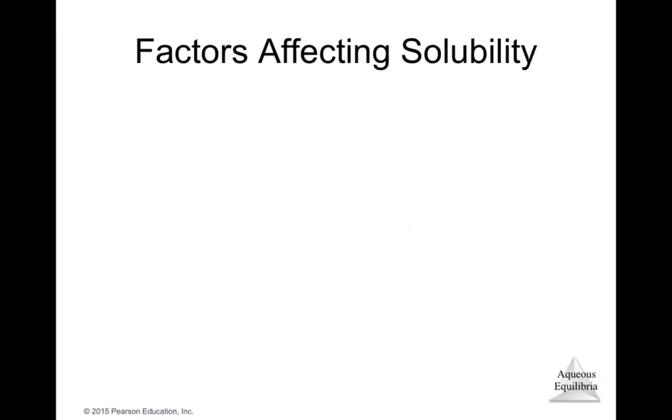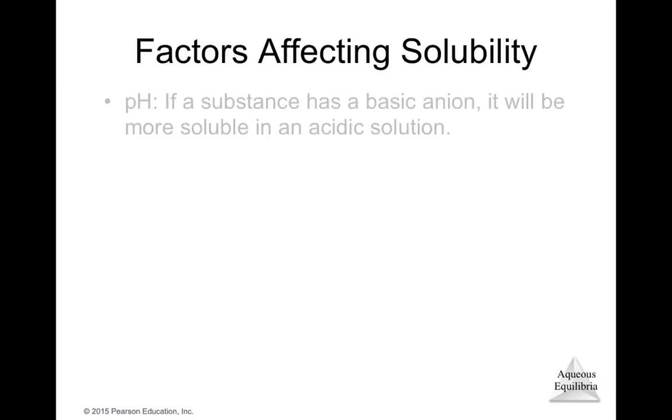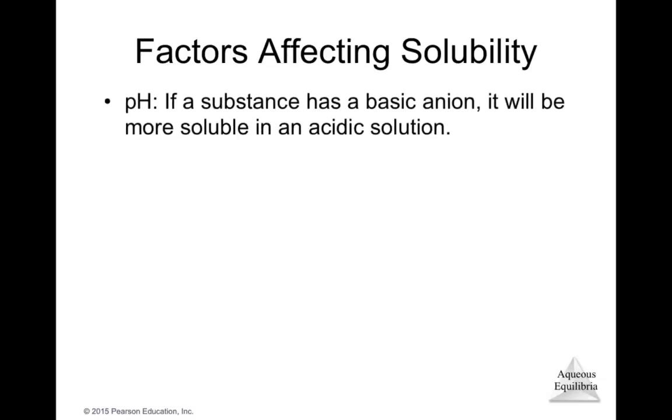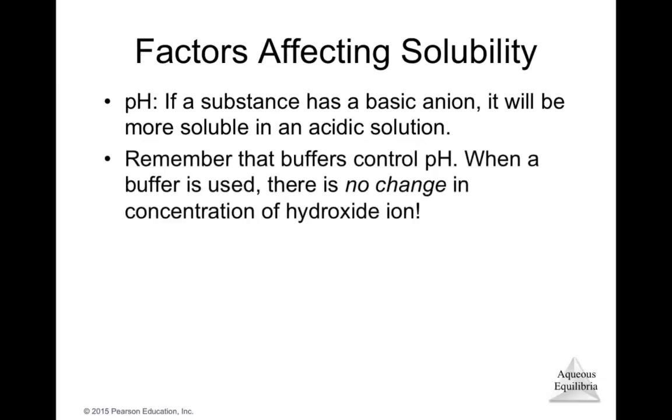Also, there are other factors that could affect the solubility. For example, the pH. If a substance has a basic anion, it will be more soluble in an acidic solution because it will be an acid-base reaction, a neutralization type of reaction. Remember that buffers control pH, so when a buffer is used, there is no change in concentration of the hydroxide ion.